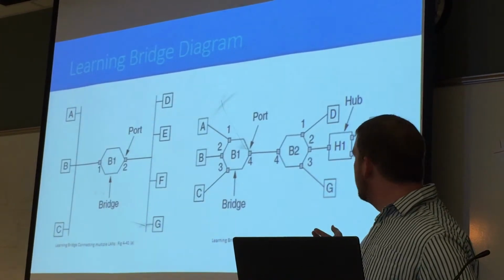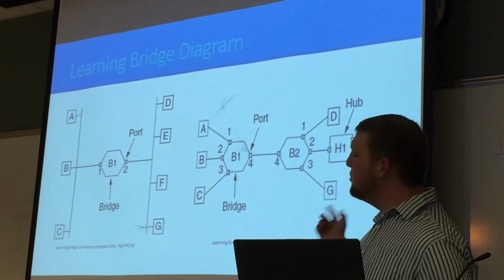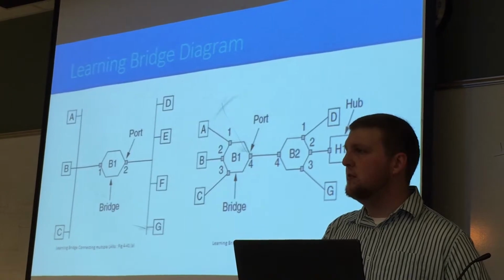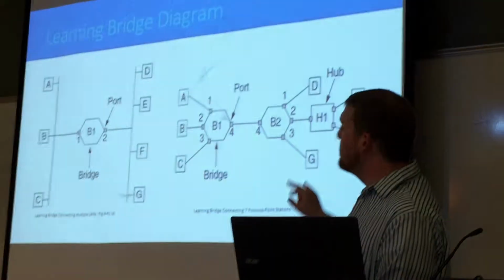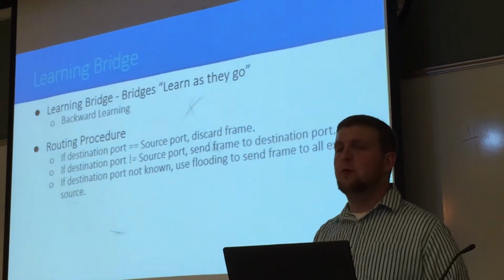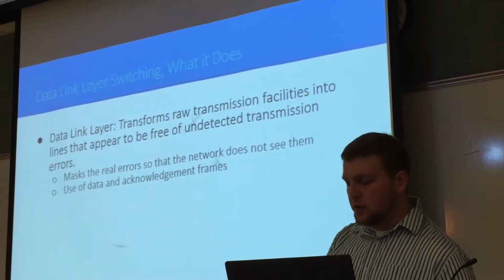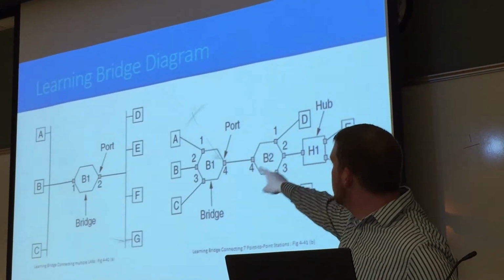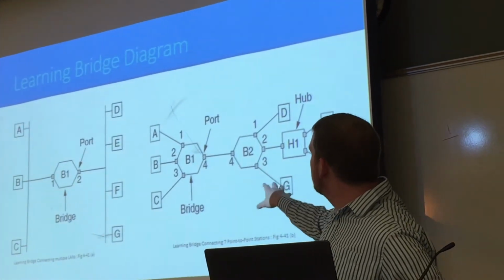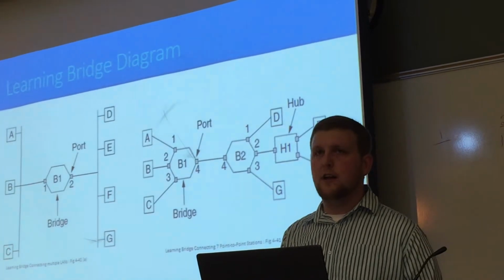Taking into account what you saw in the video and this diagram, what two terminals would have to be communicating with each other for that procedure to take place, the destination port and the source port being equal on the bridges? There are 2 bridges here and they each have 4 ports. Which 2 terminals communicating with each other would have the same destination and source port?